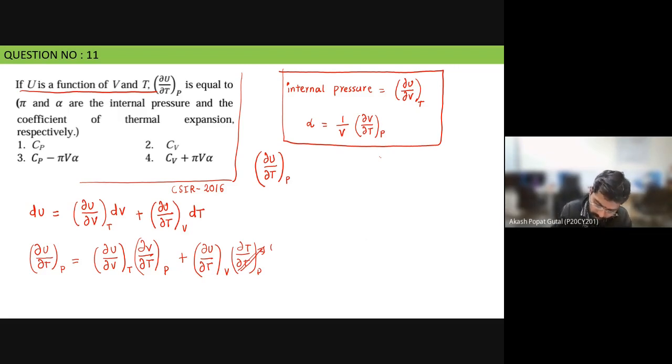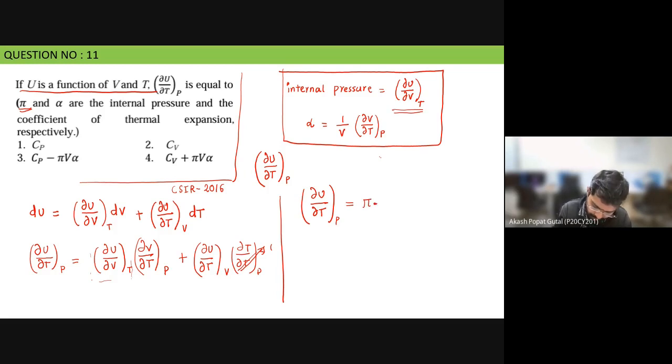So what is left over? Del U by del T at constant pressure. This part is your internal pressure, given as pi, so you can put pi.